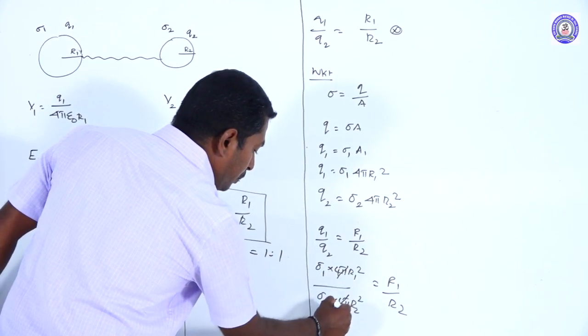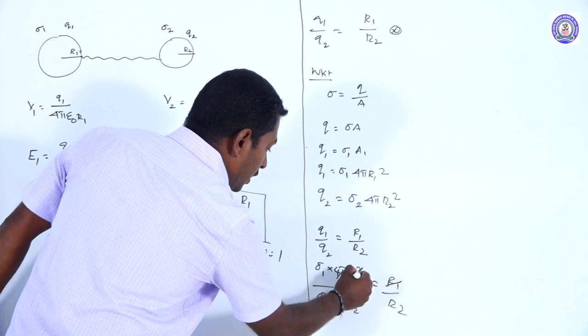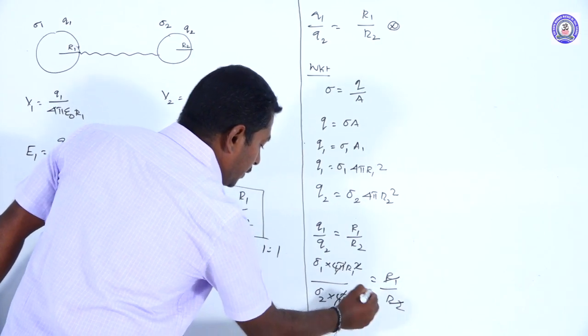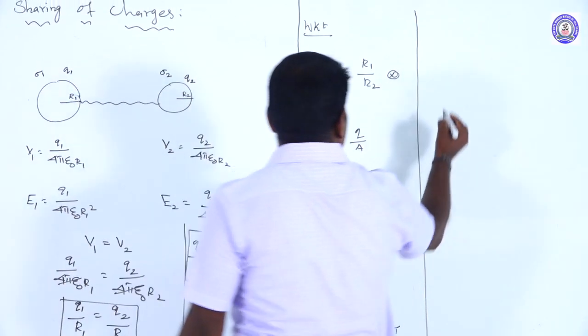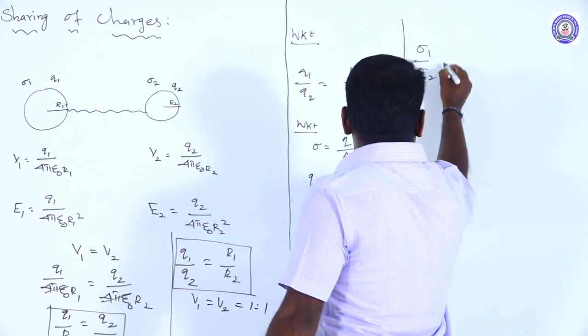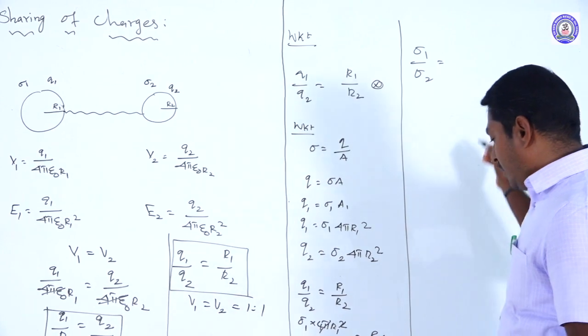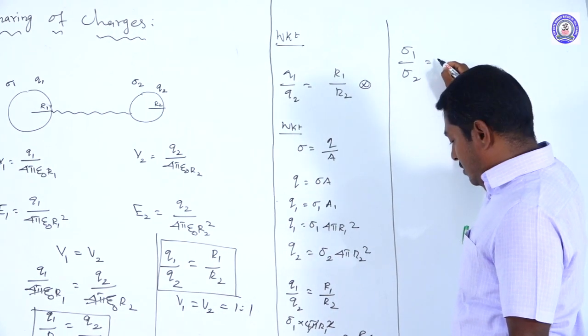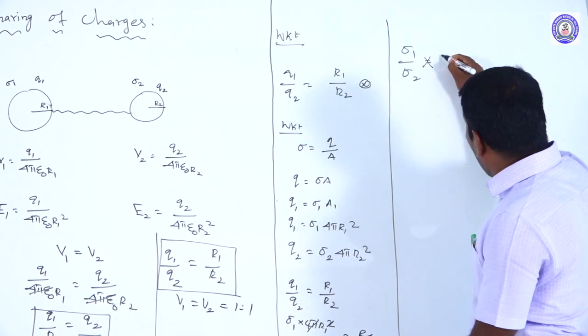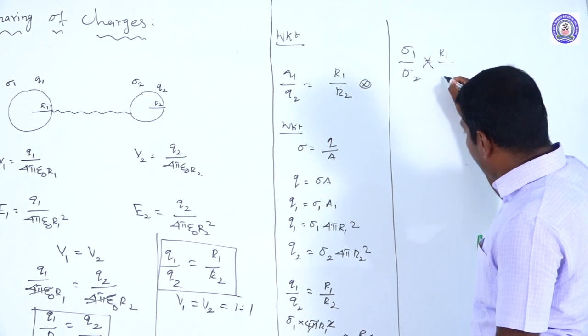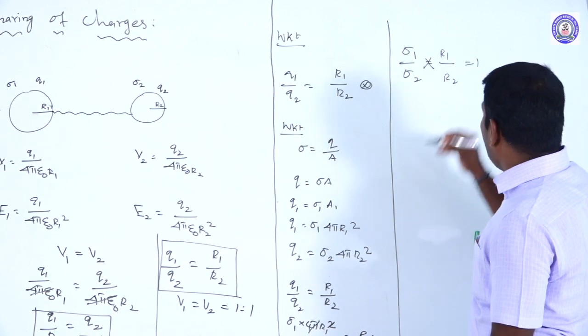So 4 pi cancels, and one R1 and one R2 cancel. Then sigma 1 divided by sigma 2 into R1 divided by R2 is equal to 1.